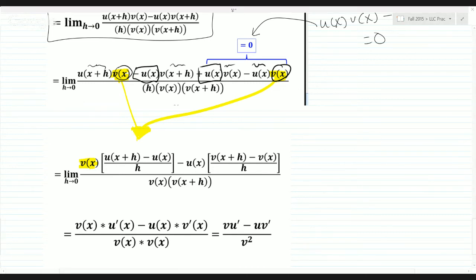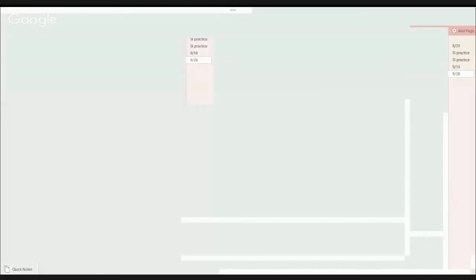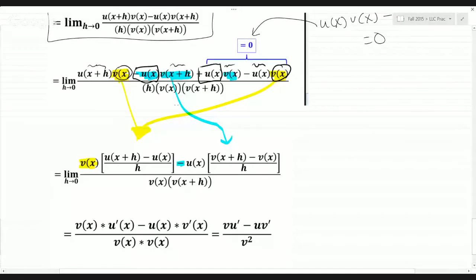In the original problem, we have a u of x multiplied with a v of x plus h and a v of x. So this is just looking at the signs. They subtracted, so that's why this becomes a positive, and this sign here becomes a negative sign there.